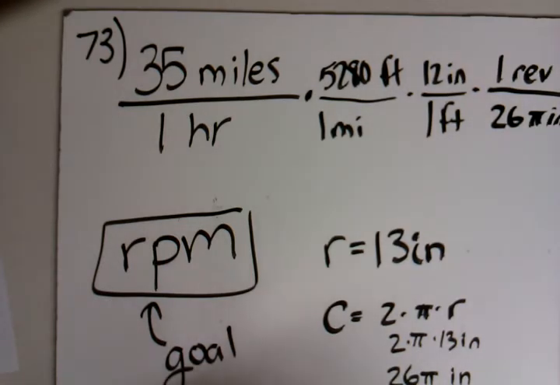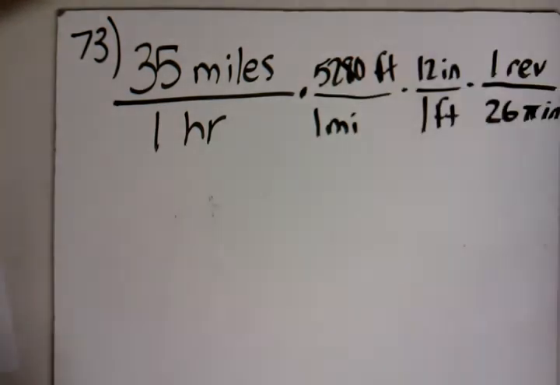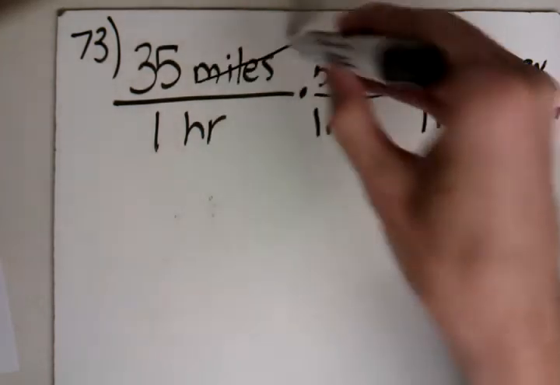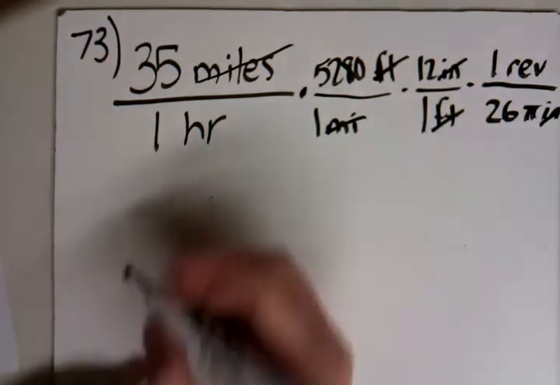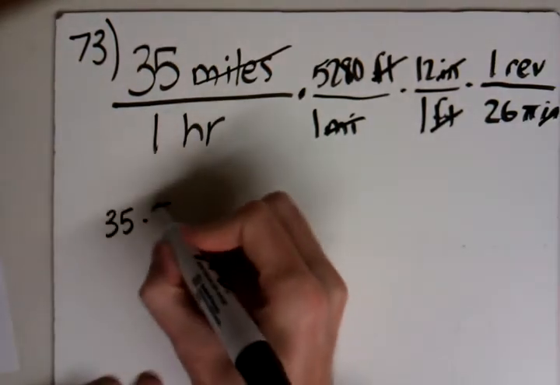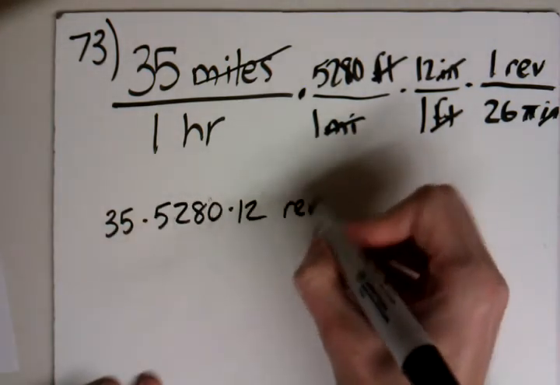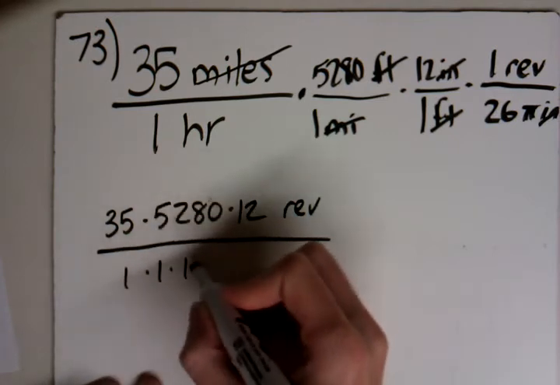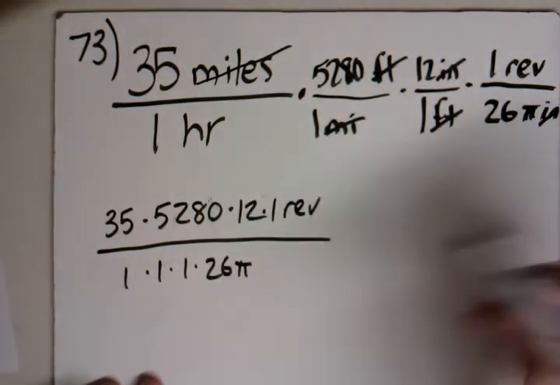Alright, so I'm going to erase some of this stuff down here. We've almost got our goal, which I'm going to leave down here. We want it to be in revolutions per minute. So right now, if we check our units, miles will cancel, feet will cancel, inches will cancel, and we're left with 35 times 5280 times 12 revolutions over 1 times 1 times 1 times 26 pi. Okay, so I should put 1 up there if I'm being consistent.